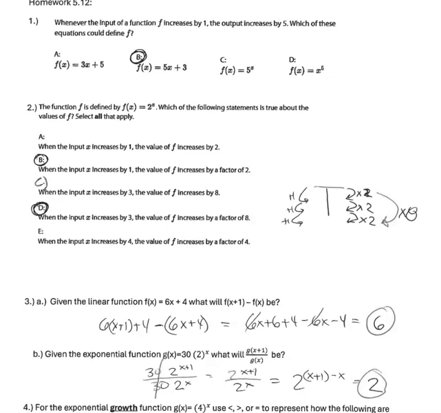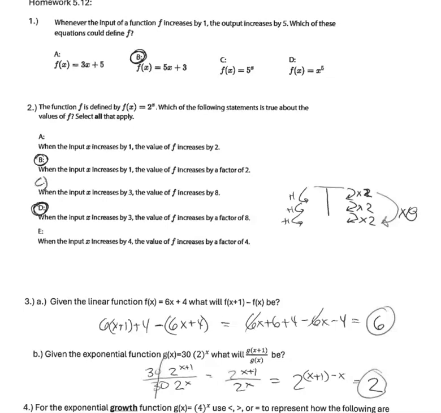So that's true. The next one says, as x increases by 3, the output increases by 8. Once again, that is going to be linear. That is a constant rate of change. And then the next one says, when x increases by 3, the output increases by a factor of 8.